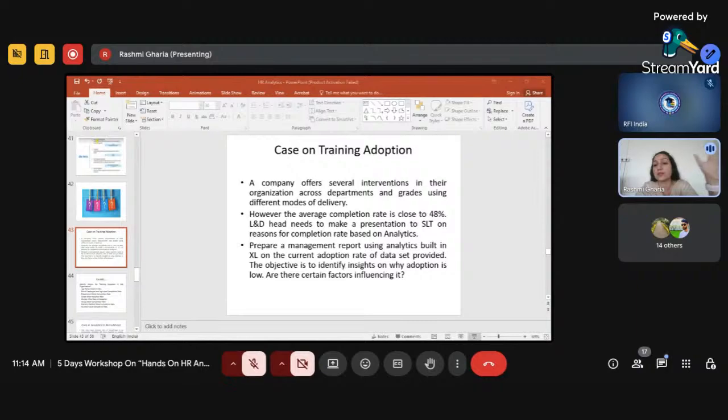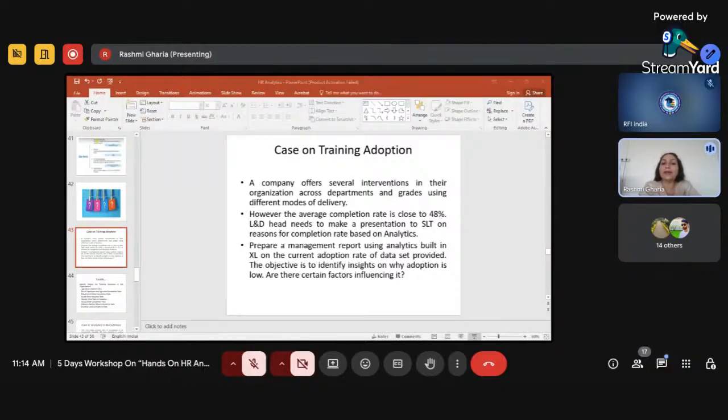Means the company is investing a huge amount on the training programs. They have used different delivery methods. They have planned different kinds of training programs for different levels of employees in the company. But when they analyzed how many employees enrolled and how many completed the training program once they enrolled, they found that the average completion rate was close to 48%.